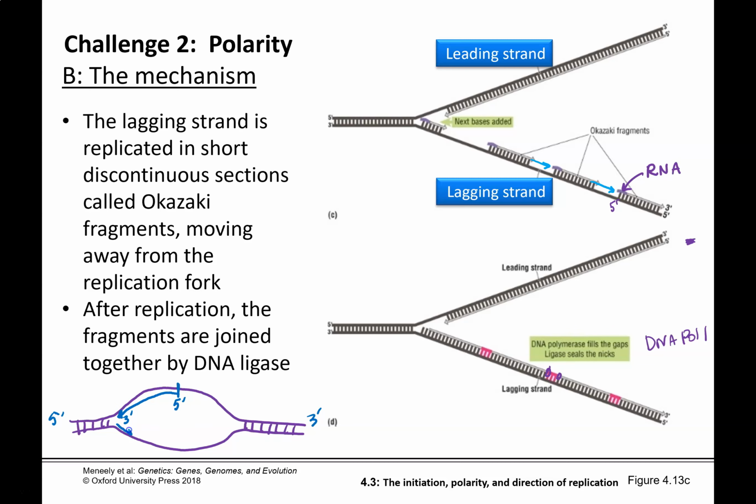And the bottom is still a 5' to 3' direction that we're making on that new strand that we're building. Still a 5' to 3', but we've got our little fragments.